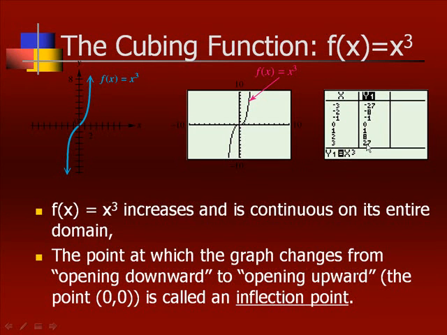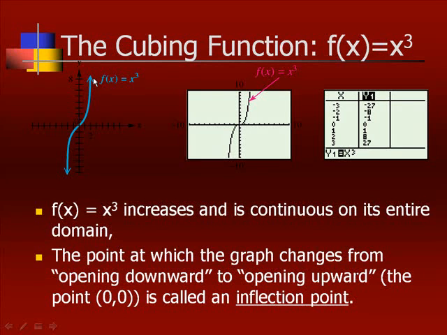Now, f of x equals x to the third increases on its entire domain. If you'll notice right here, it's going up, up, up, up, up. It's always going up. We can draw the entire graph without picking up our pencil, so it's continuous.